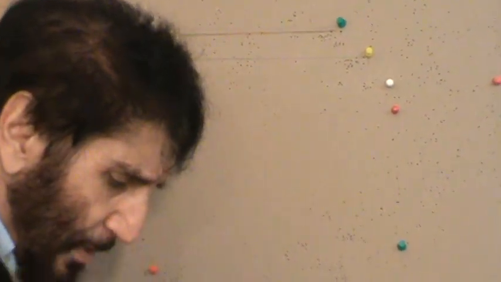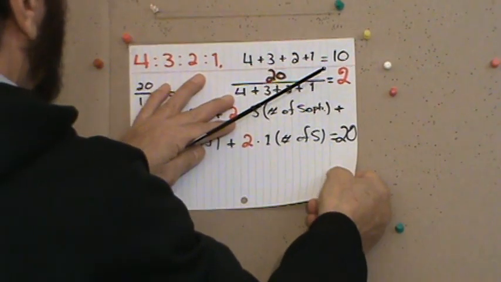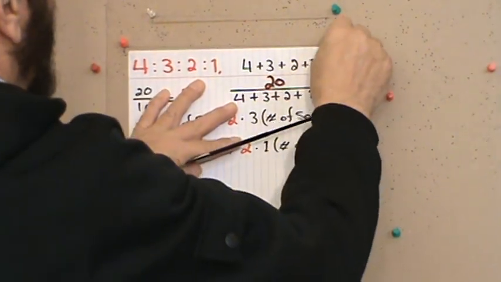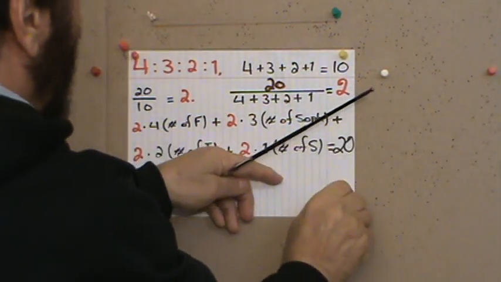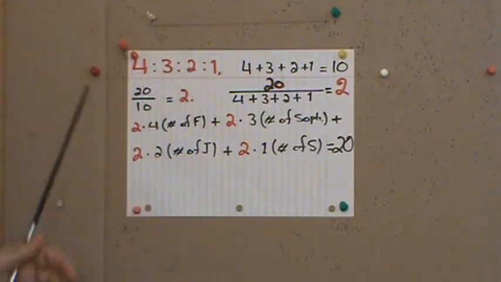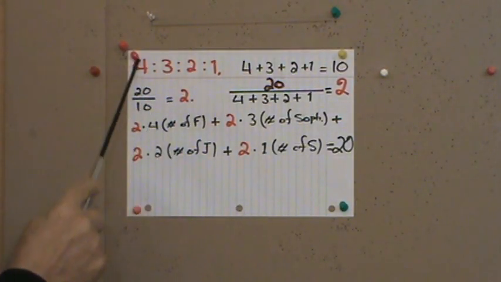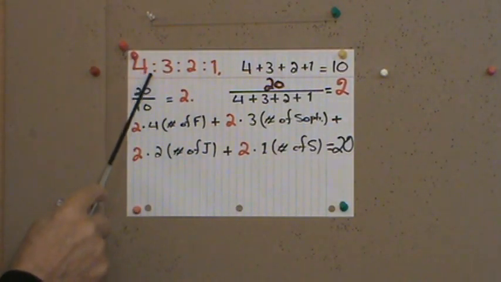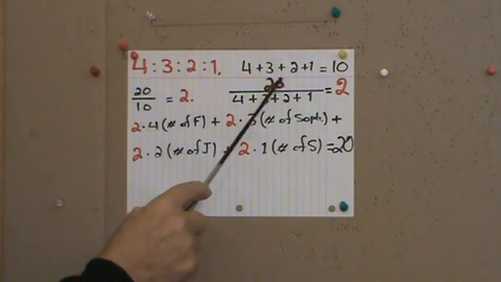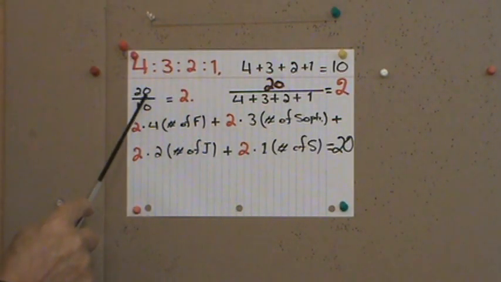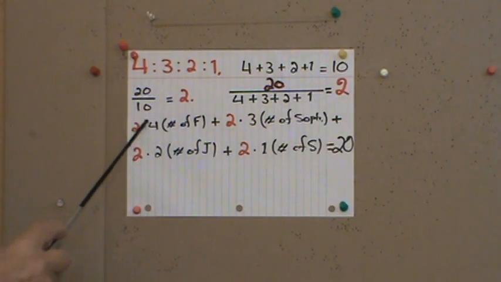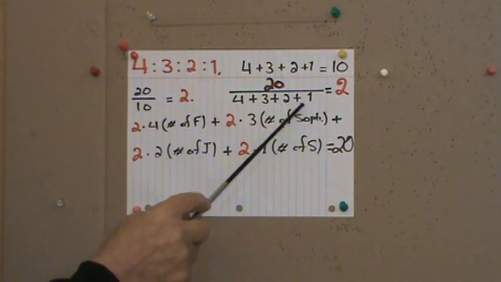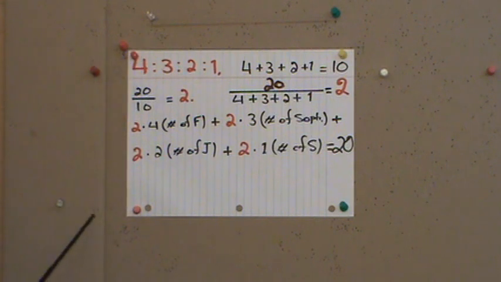Now the next one is not something new. I put it in to repeat one more time, because repetition is a good process of learning, especially for beginners. The ratio was given to us, and we called it the unit ratio. We added all of them together, and we didn't write 20 divided by 10 equals 2, but instead of writing 10, we wrote it in the expanded form according to the given ratio.